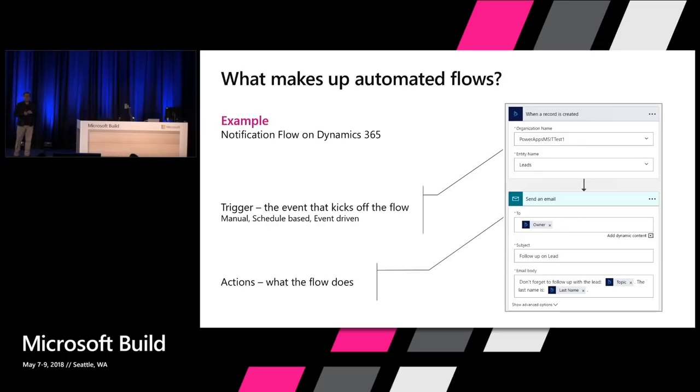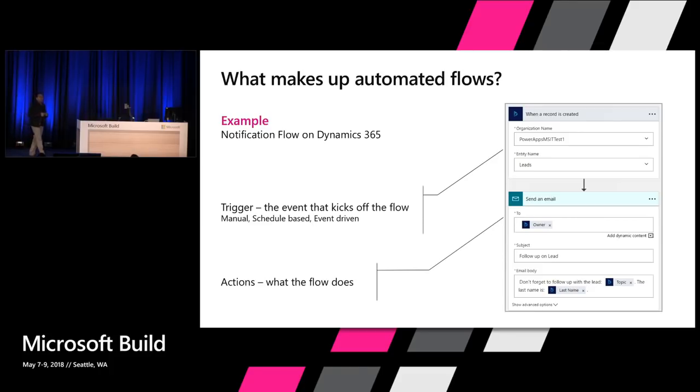The next kind of trigger is a schedule-based trigger. So it's a flow that runs every minute, every hour, every week, every month, etc. And then lastly, and most commonly, we have flows that are event-driven. For example, when an item is created in Dynamics, when a new file is uploaded to SharePoint, so forth and so on.